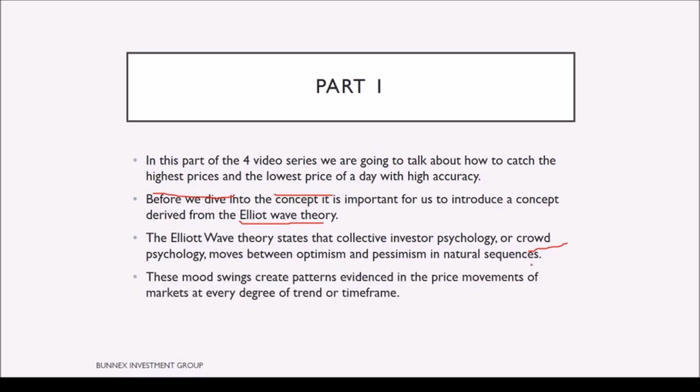The mood swings create patterns evidenced in the price movements of the market at every degree of trend or time frame. So what we are basically trying to say is that the market itself is actually a representation or a reflection of what traders participating in it are doing.